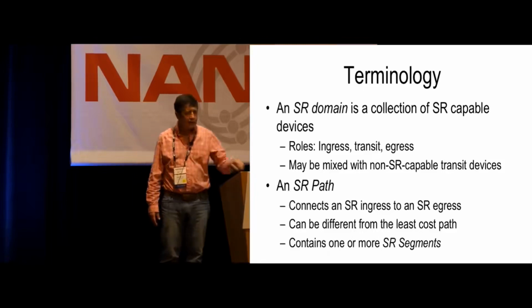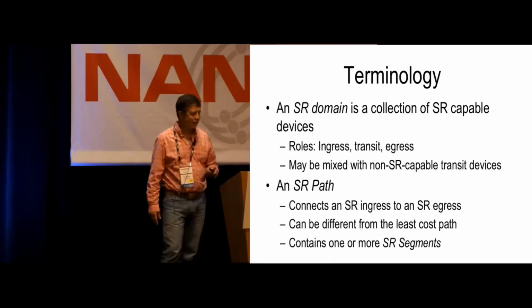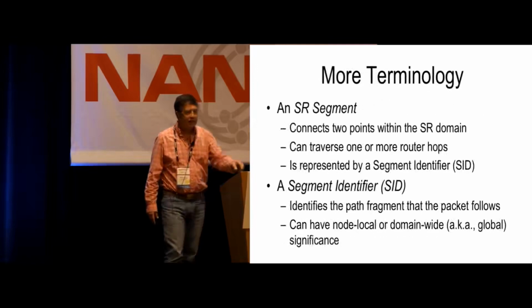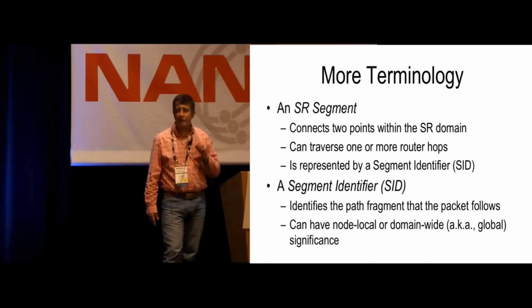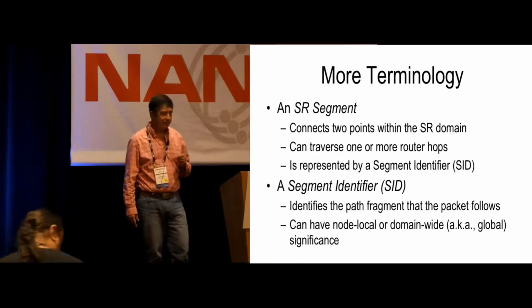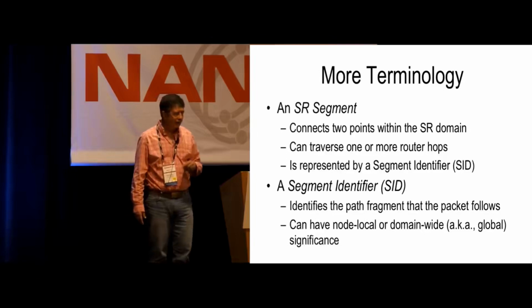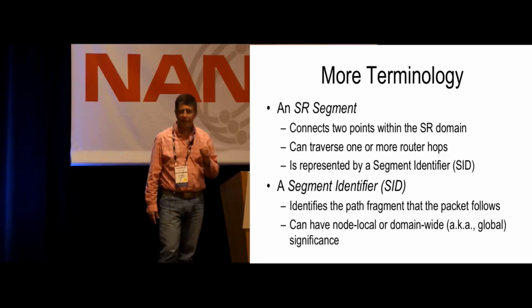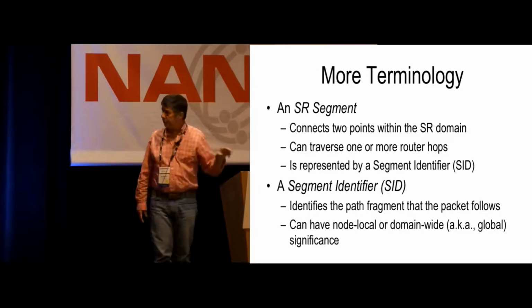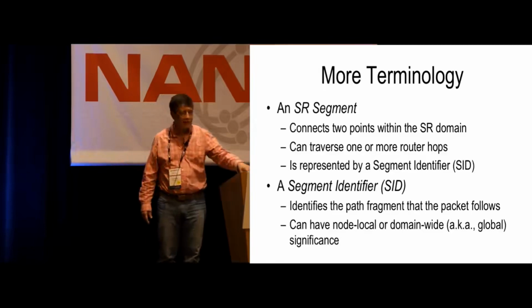And the path contains segments. Segments are what makes this different. A segment connects 2 points within the SR domain. It can traverse one or more hops, and it's represented by a segment identifier, or a SID. A SID identifies a subpath, and it can either have node local significance or domain-wide significance. Now, I'm sure that bullet means almost nothing to you now. It'll mean a lot by the end of the presentation.